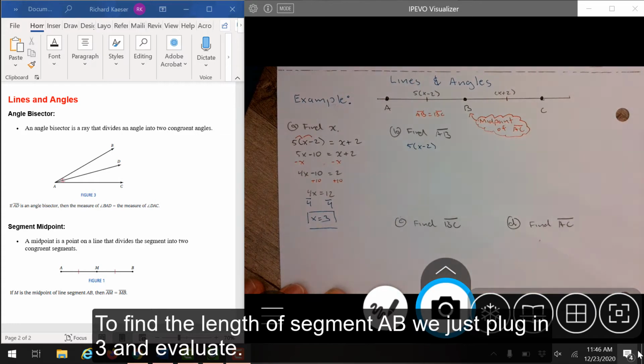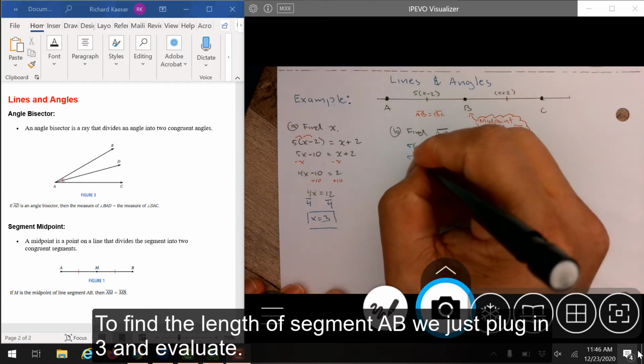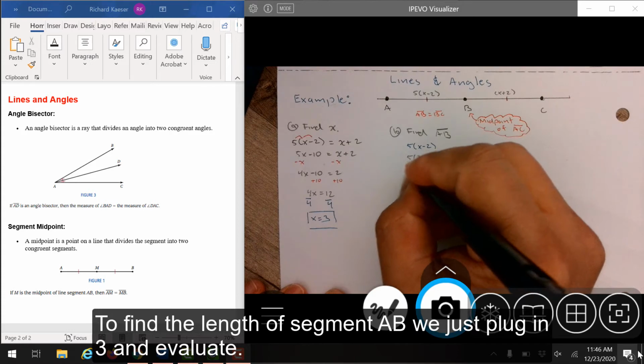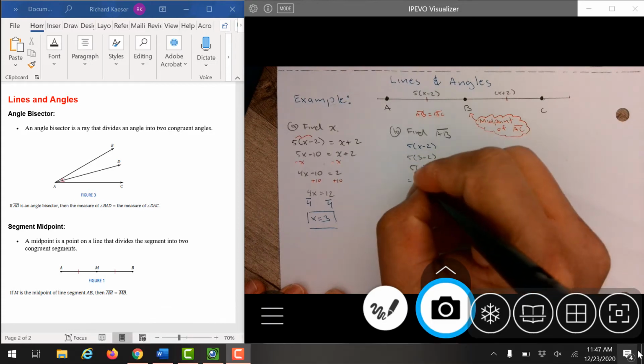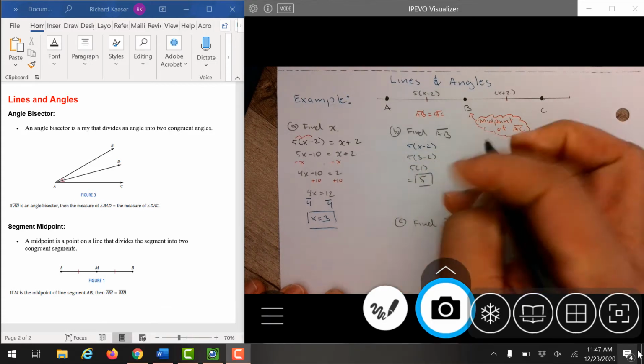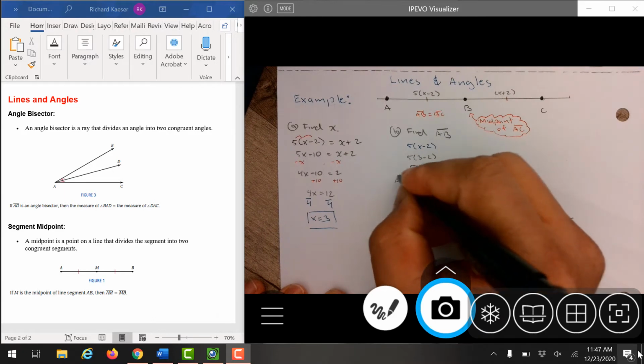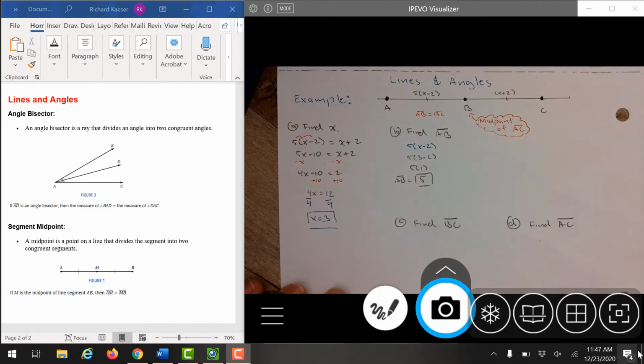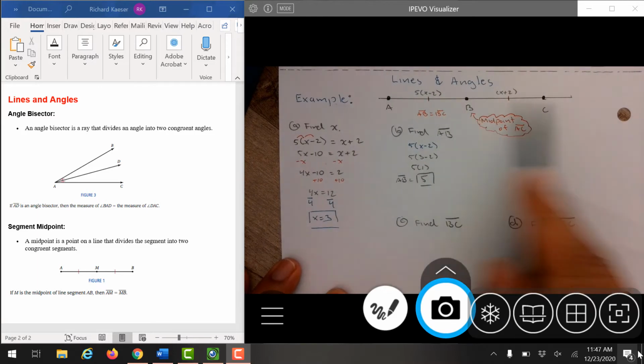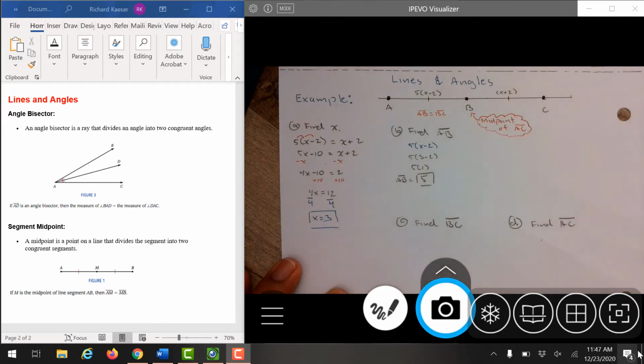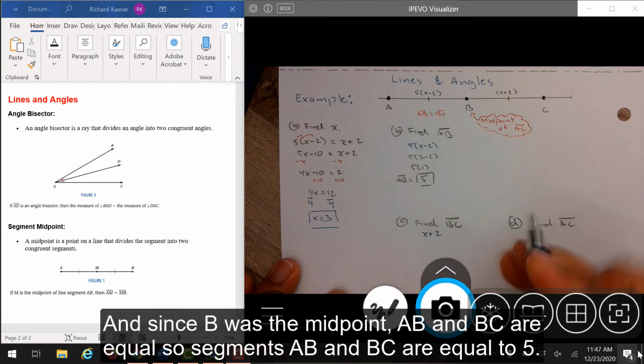To find the length of segment AB, we just plug in 3 and evaluate. And since B was the midpoint, AB and BC are equal, so segments AB and BC are equal to 5.